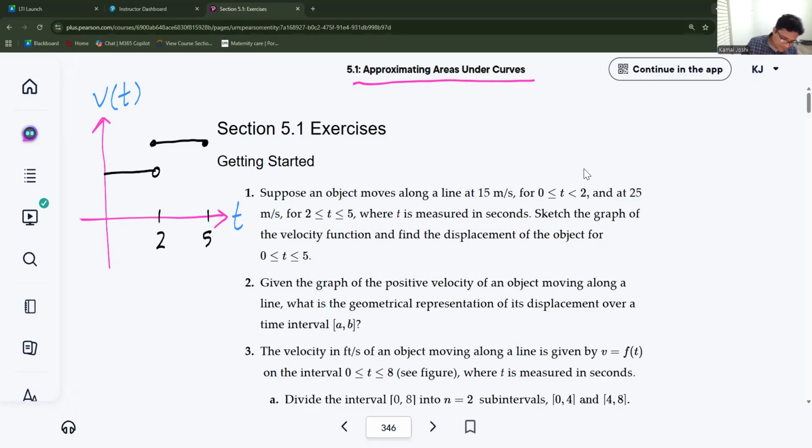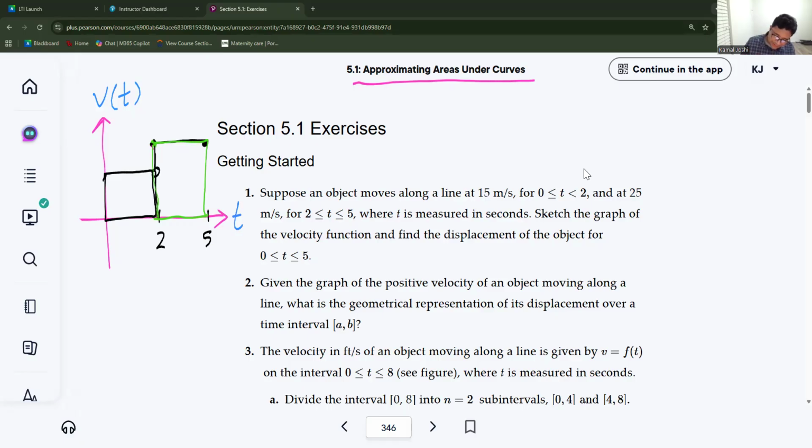And what is the displacement? The concept was we should find the area of this rectangle and the area of the bigger rectangle, this one. So the sum of the areas of these two rectangles is our answer, right? Velocity times time is distance.